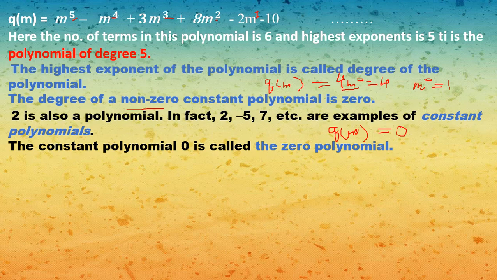The constant polynomial whose number value is 0 is known as the zero polynomial. Understood? The constant polynomial where no variable is there, only a number, and in place of the number 0 is written, is called the zero polynomial.